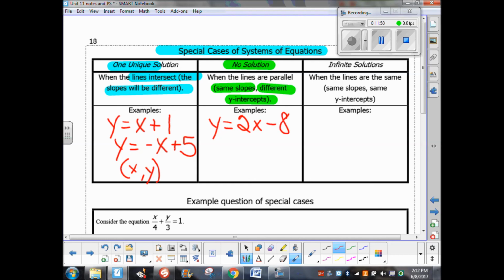If I said the first one is y equals 2x minus 8, somebody write an equation for me that has the same slope but a different y-intercept. Sophia. Same slopes, different y-intercept. That's going to be no solution. You can draw a 0 with a slash through it, that means no solution. You can write out the words no solution.